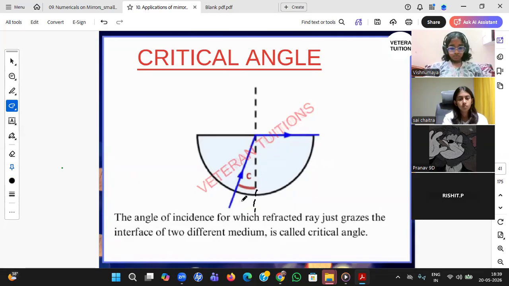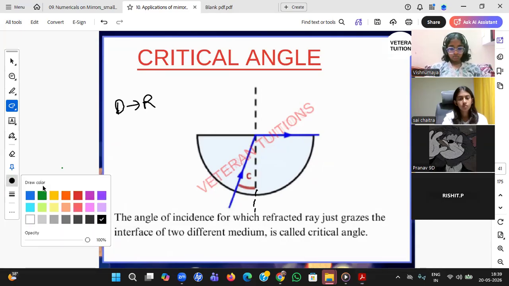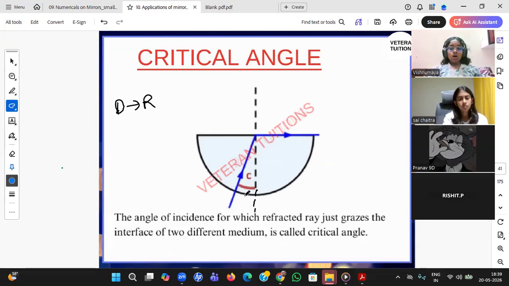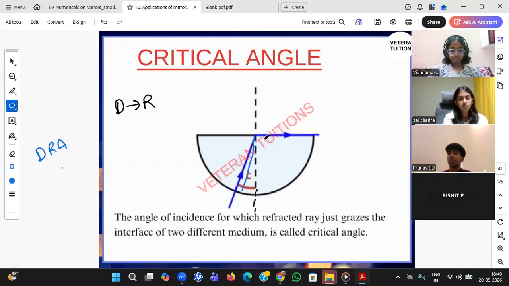Student, as I said, first of all, light should pass from denser to rarer. Now you can see light is passing from the glass to air. Suppose this is a light coming from denser to rarer. What is the shortcut? DARA. It should move away from the normal. So obviously, light will move away from the normal.